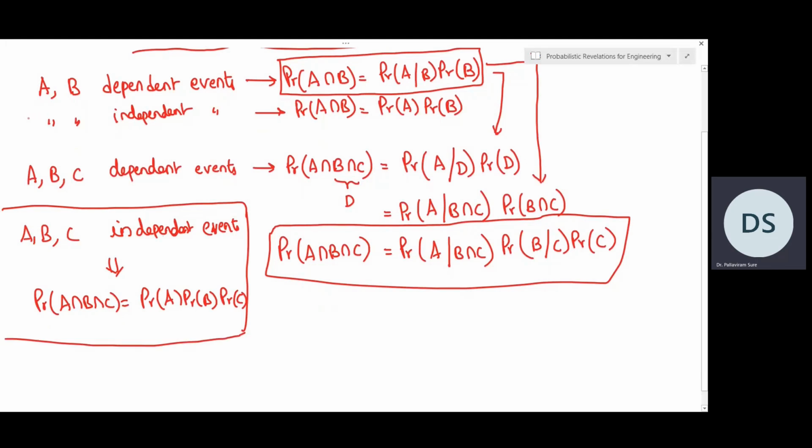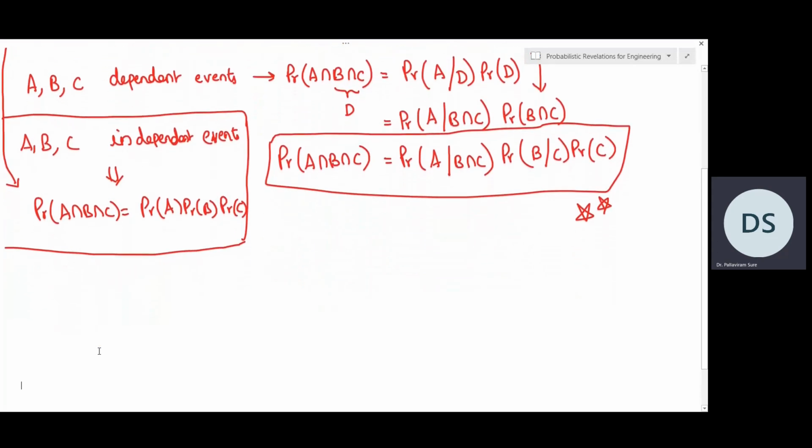So this comes by extension of this rule twice. So in this video, we are going to discuss probability of dependent events. So hence we will limit ourselves to discussion on this particular equation, the chain rule of dependent events probability.